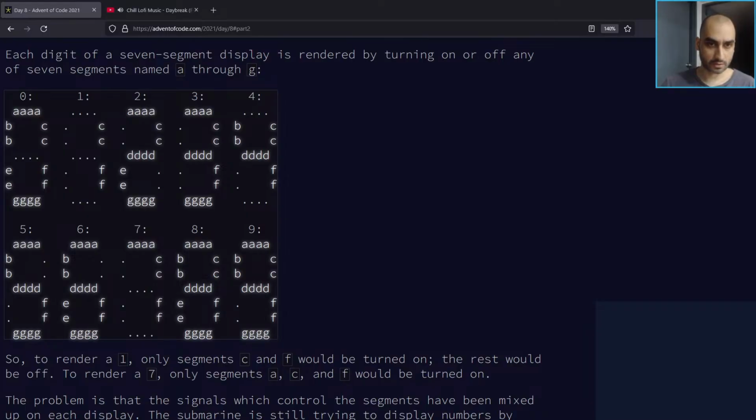What's the easiest way to do that? Well, 5 is contained in 9, and 2 isn't. So are we done? That is one process we can do to identify every single digit.